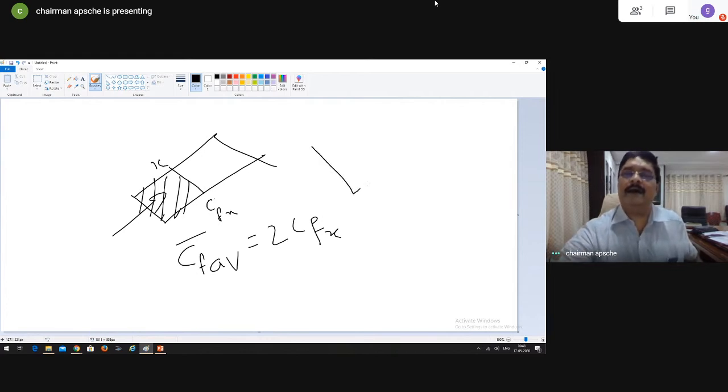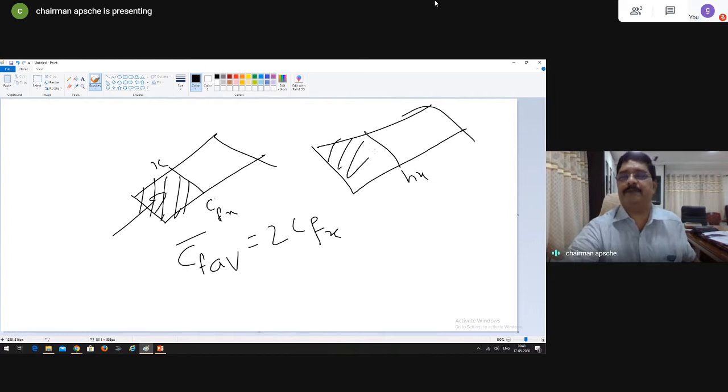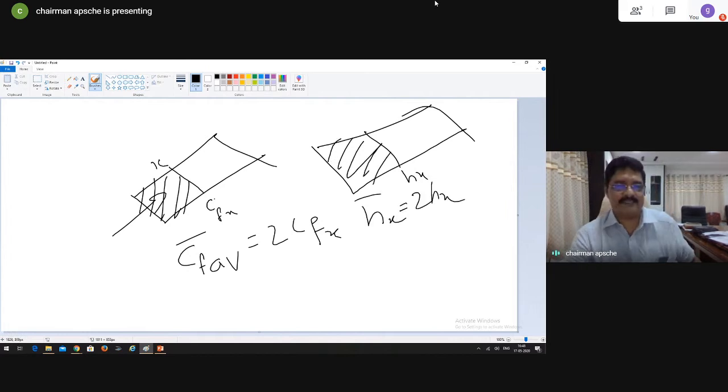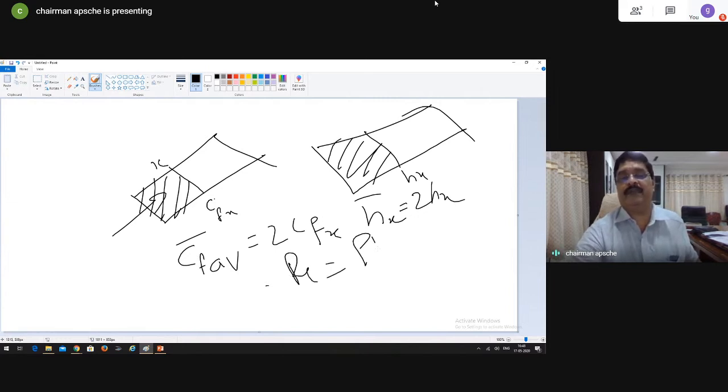Similarly, for the heat transfer coefficient, if it is h_x at this x, and you want the average up to this x, it is the Nusselt number. If you want the average over the entire plate, use x equal to L. Then the Reynolds number is rho v L divided by mu.